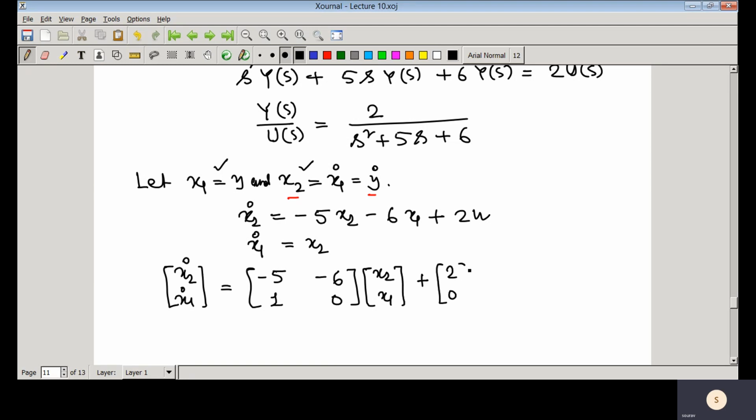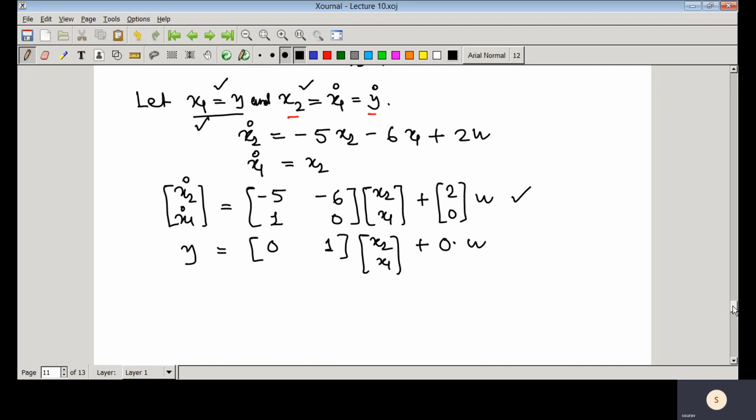So that is 2 0 u, and this is that system equation, and here you can see that output y is equal to x1. So you have x2 x1, and of course D is equal to 0 because your output does not depend on the input, so D equal to 0.